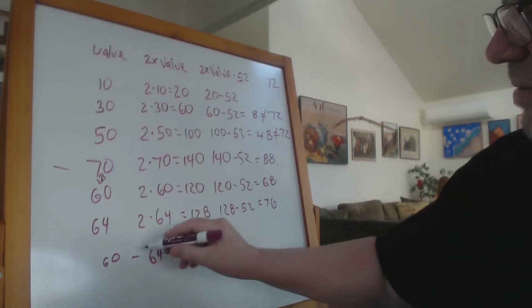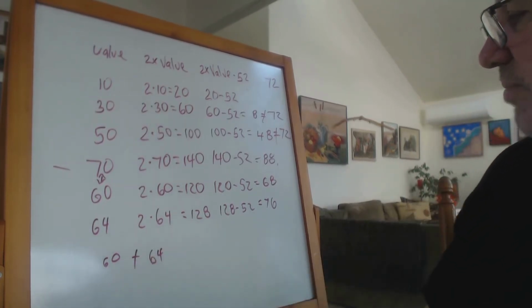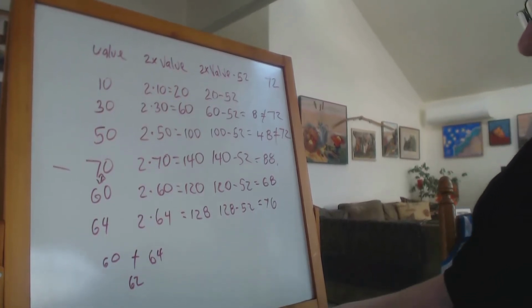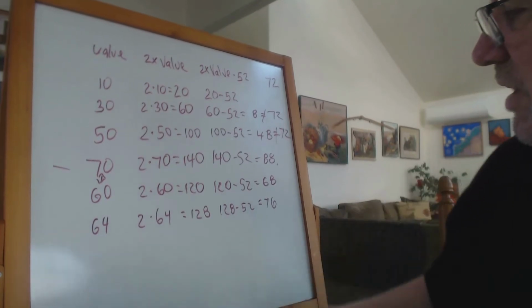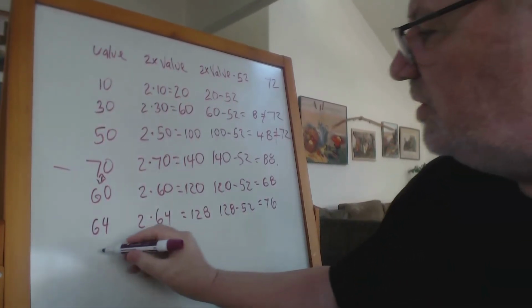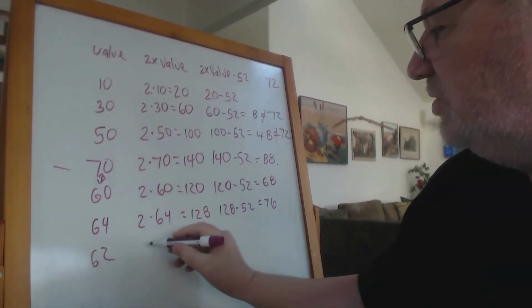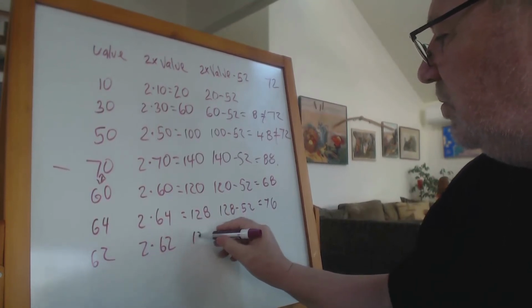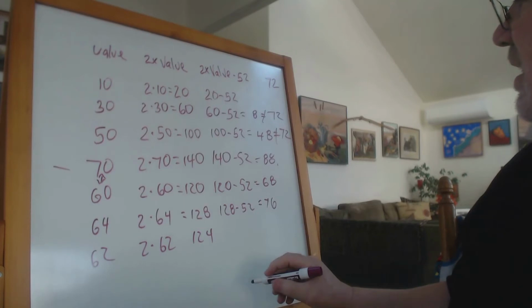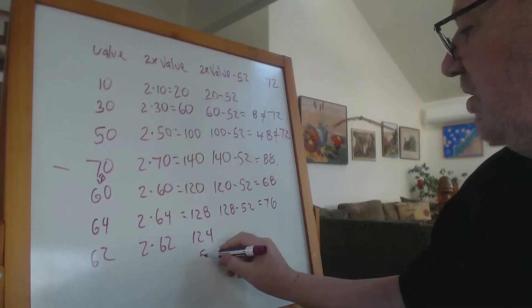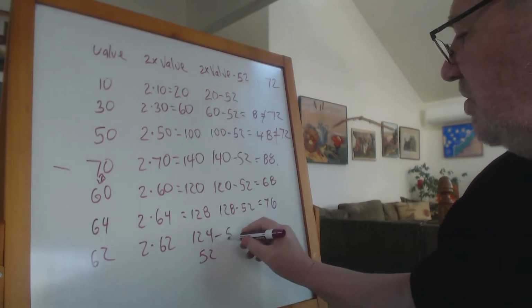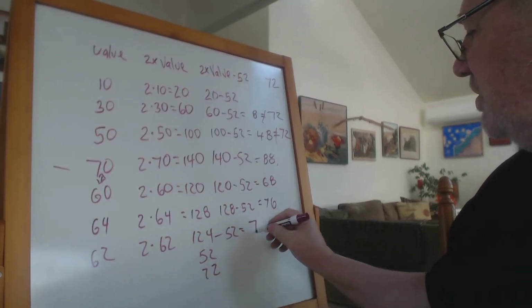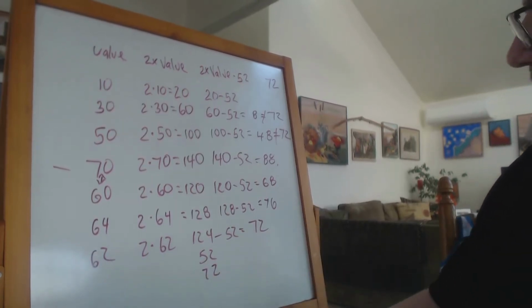So let's go right in between them and try 62. 2 times 62 is 124, and minus 52 is 72. Okay, so we got it.